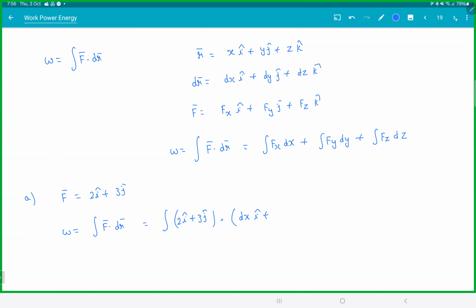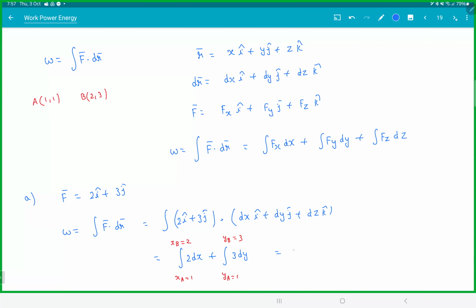With dx i cap, dy j cap plus dz k cap, when you do the dot product, you get integral 2 dx plus integral 3 dy. Now remember, you're going from A to B. A is (1, 1) and B is (2, 3). So you are going from XA, which is 1, to XB, which is 2, and from YA, which is 1, to YB, which is 3.